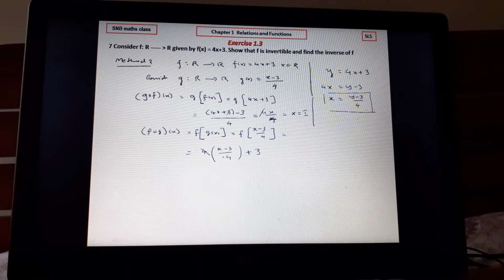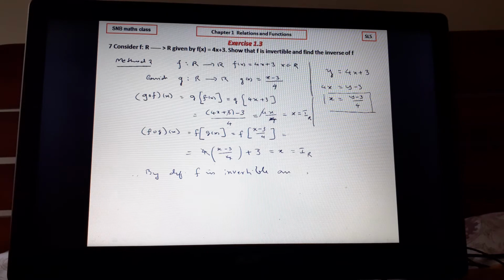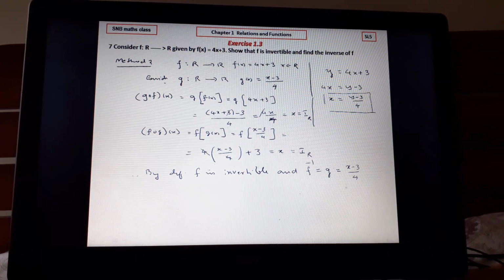Once again the 4 cancels, so you get x minus 3 plus 3, which is x. Once again it is the identity, I R actually. Here also I R. So by definition, f is invertible, and f inverse is nothing but g, which is equal to x minus 3 divided by 4. Normally we use this procedure, the second method, in showing that a function is invertible and also in finding the inverse.